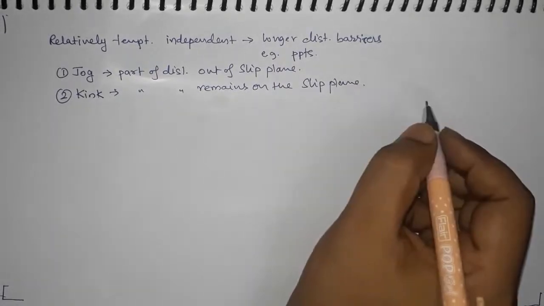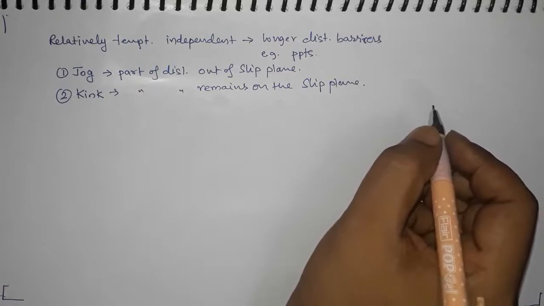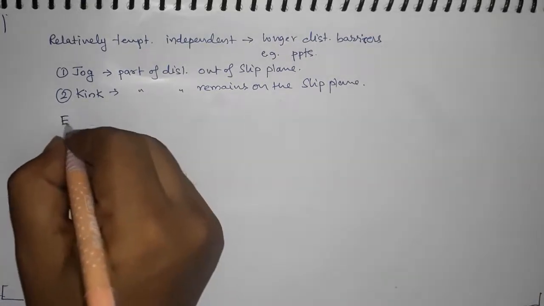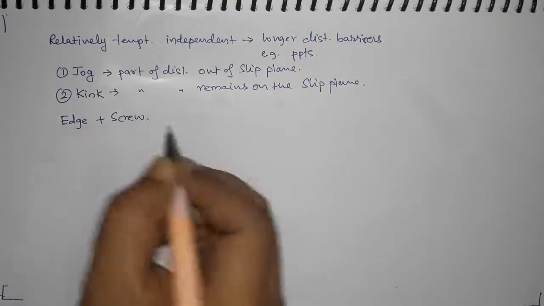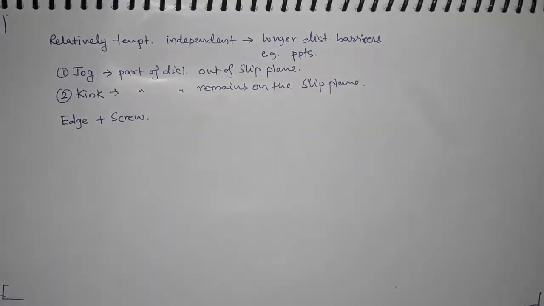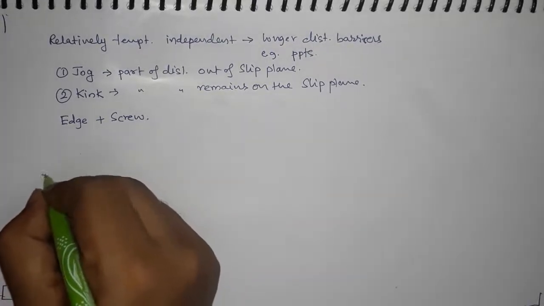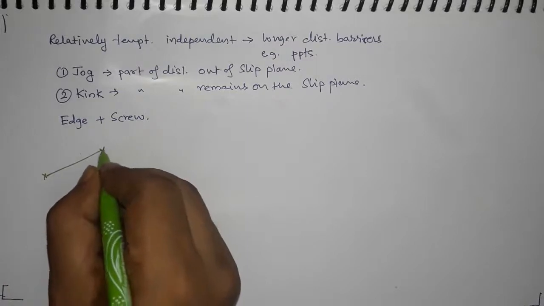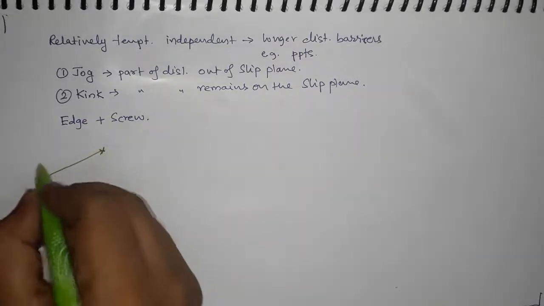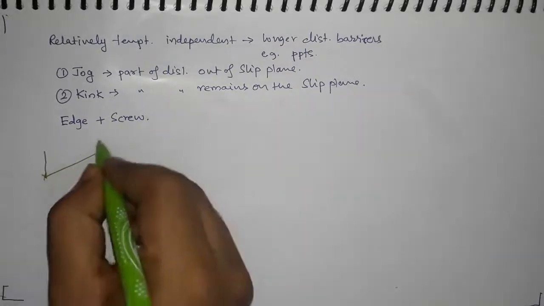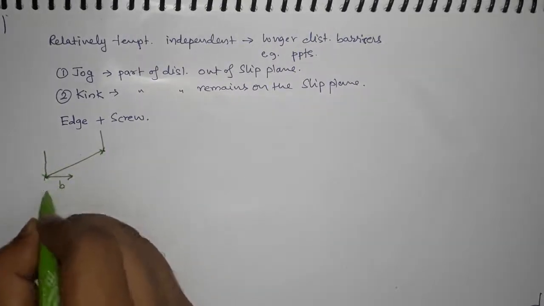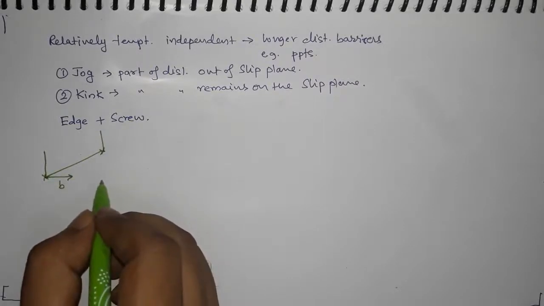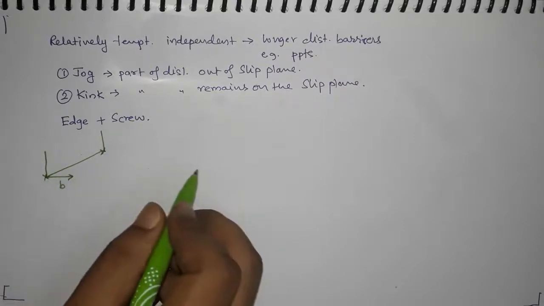So let us now consider an interaction of an edge dislocation and a screw dislocation. Okay, so let us see what happens. Imagine that this is my edge dislocation. So I have an extra half plane like that, and this thing is moving in this direction. Okay, so that's my Burgers vector, and the dislocation is moving.